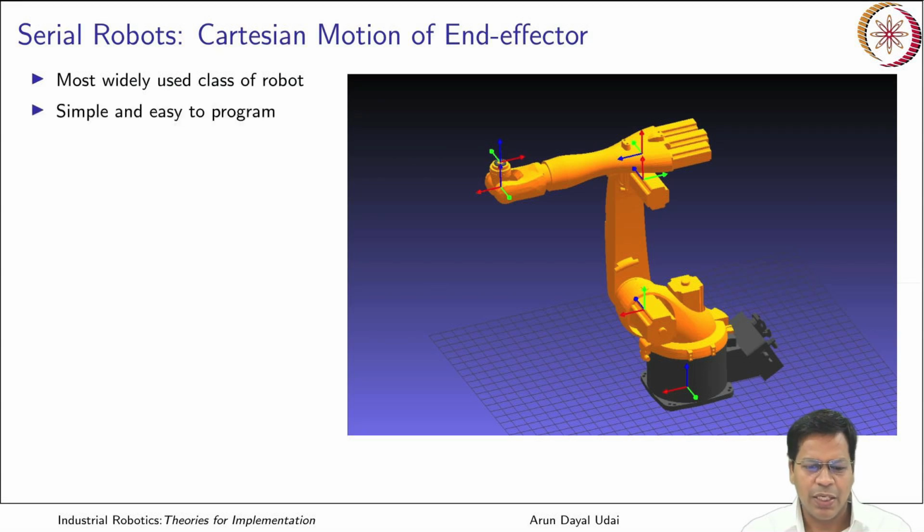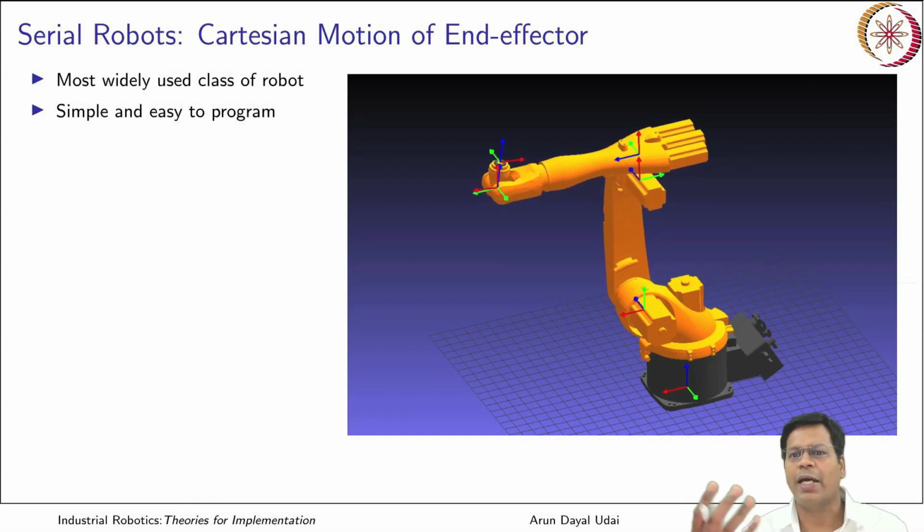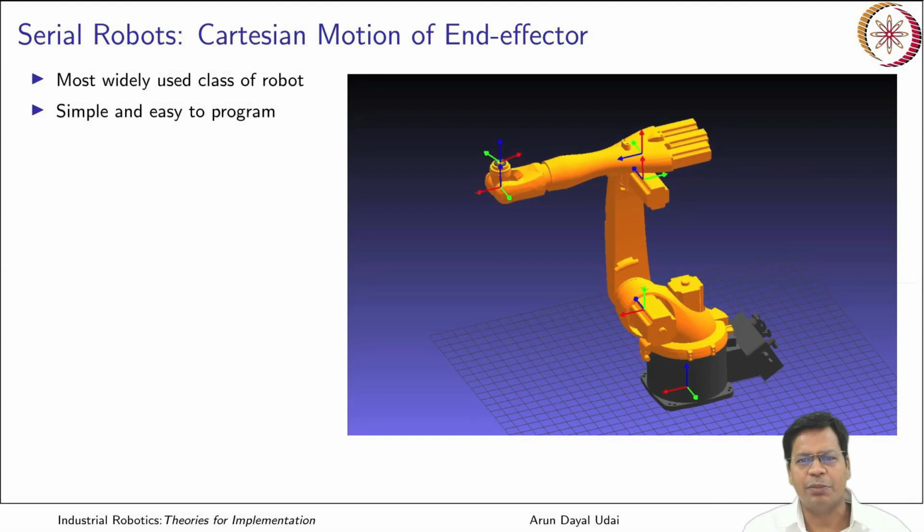And why? Because with this robot you can clearly visualize which direction it will go. If you have to program this robot, it is very easy to visualize the end effector. You can simply jog it. They have a teach pendant attached.